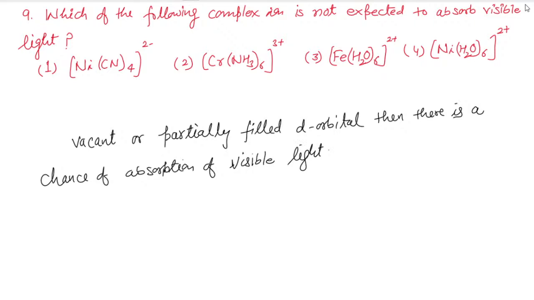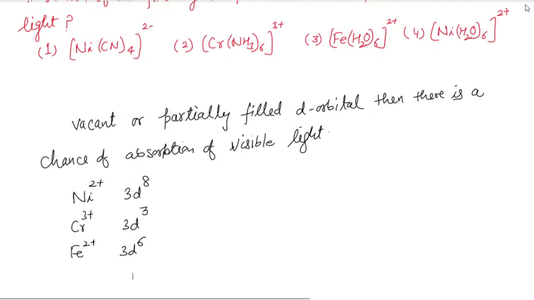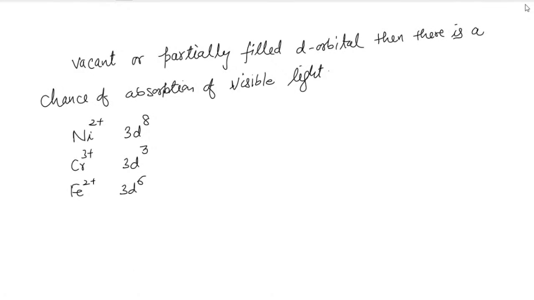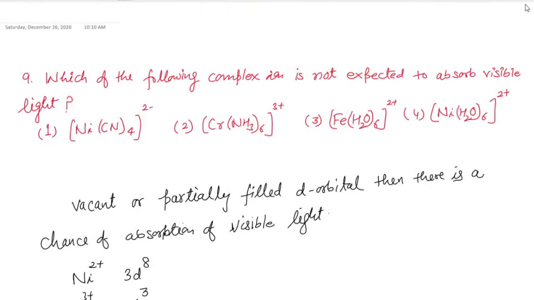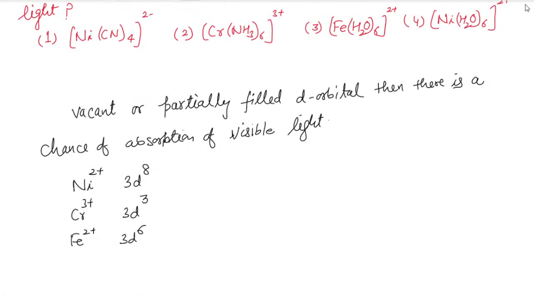Okay, so now see, in nickel 2 plus it is 3d8, in chromium 3 plus it is 3d3, and Fe2 plus it is 3d6. Oh sorry, and it is nickel 2 plus again, 3d8.